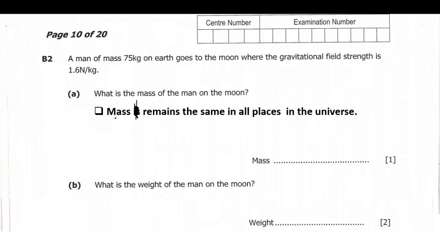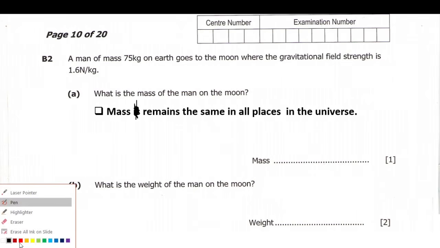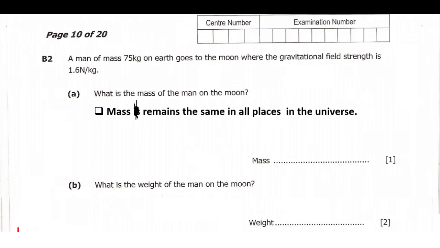Mass remains the same in all places in the universe. So since mass remains the same in all places in the universe, that means mass will still be 75 kg only on the moon.